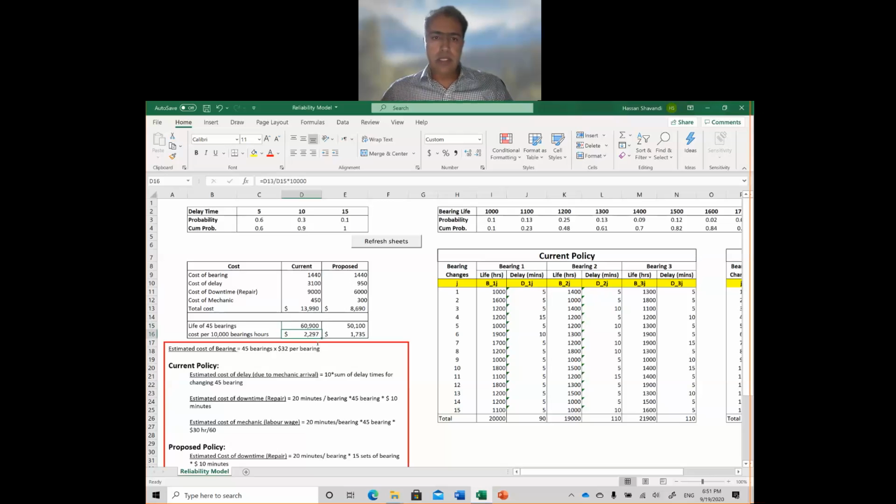Okay, so as you see here, it's $2,297 for the current policy and $1,735 for the proposed system. It's much less than the current system, right?